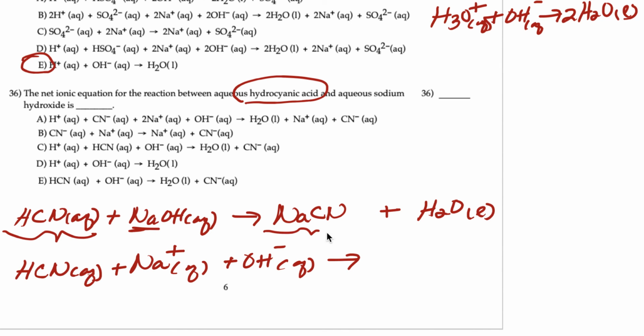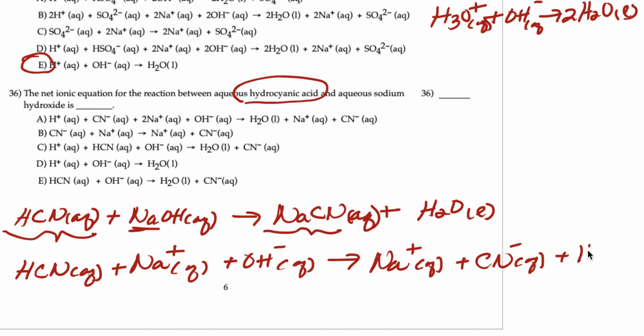And we look at our solubility rules, we see that sodium cyanide is soluble. Any compound that contains sodium is going to be soluble. So this will also be dissociated in solution, plus the cyanide ion, plus the liquid water.